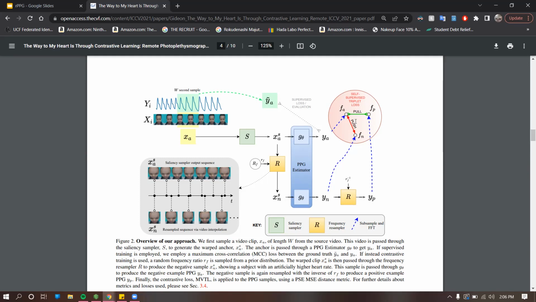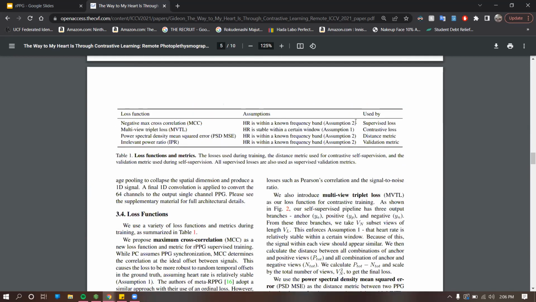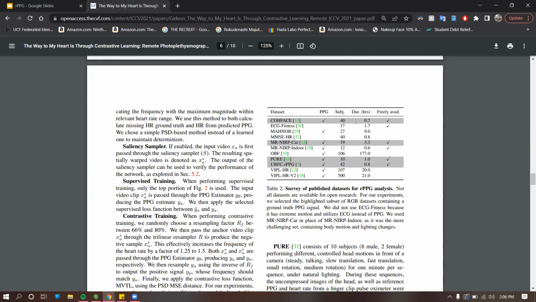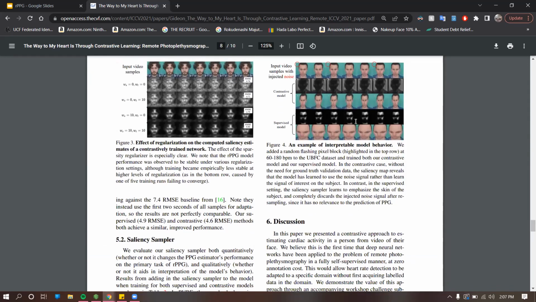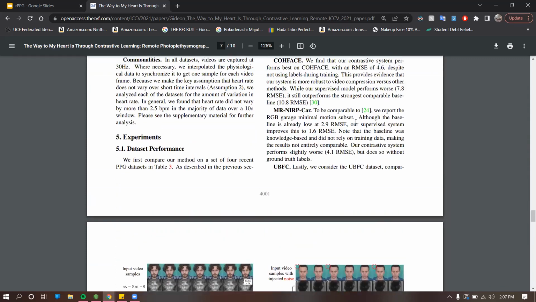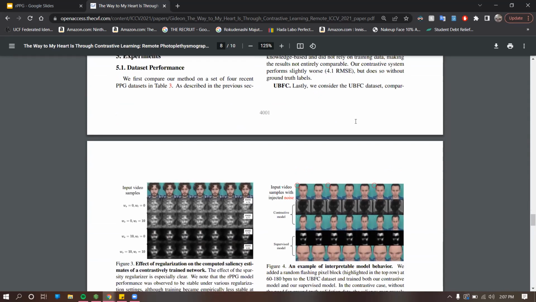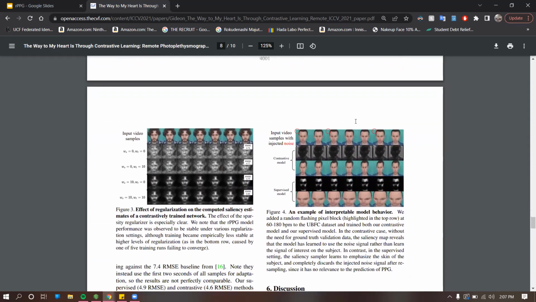Can you also go to the result part? Okay, so do they compare with any existing methods? Because you didn't mention this in the slides.